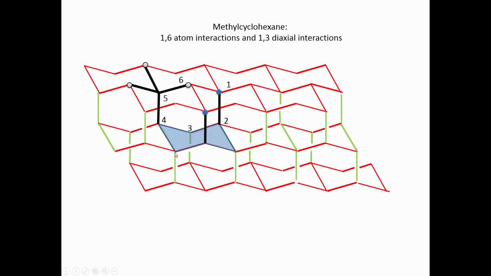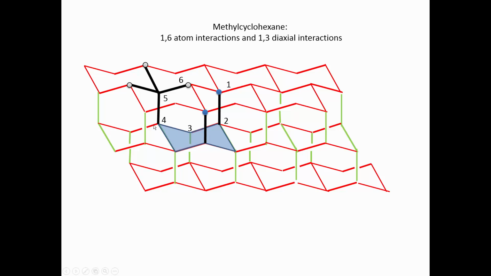So again, if I have an axial group coming down here, it would be 1, 2, 3. There would be a 1,3-diaxial interaction with this particular hydrogen coming down, or a 1, 2, 3, 1,3-diaxial interaction with this hydrogen coming down. So whether the axial group is pointed up or pointed down, always look, if you have an axial group on one face of the ring, for 1,3 interactions with the hydrogens on the ring.